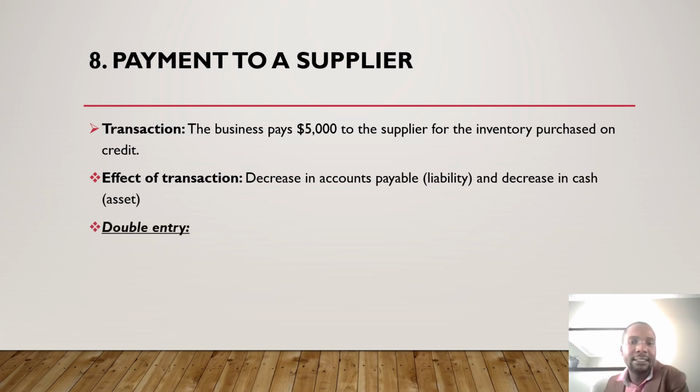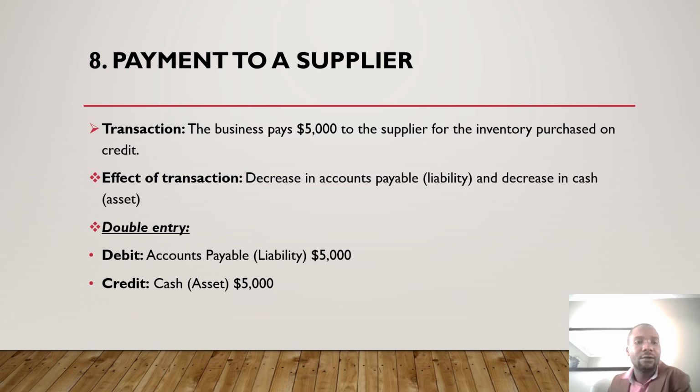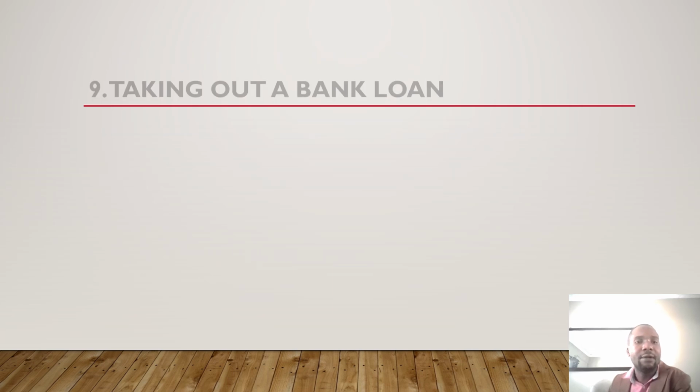So a decrease in a liability account is a debit entry. Therefore, we're going to debit the accounts payable account by $5,000, and a corresponding credit entry goes to the asset account of cash.